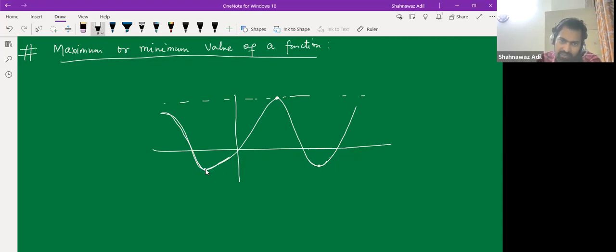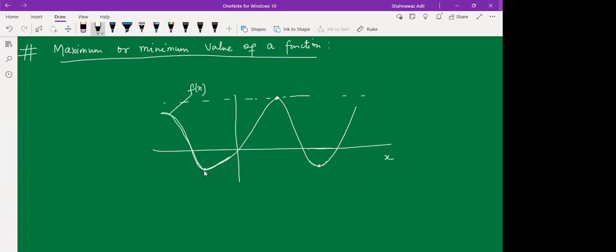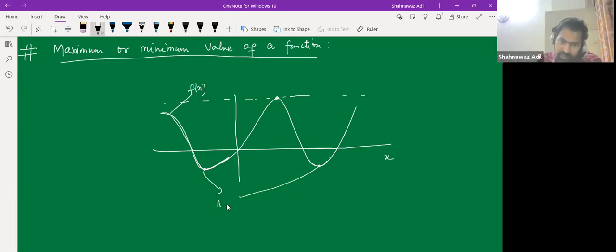So the behavior of this curve, or this function, this is f(x) and this is x, is changing at this point and this point, right? So at these two points, this is the minimum and this is the maximum.